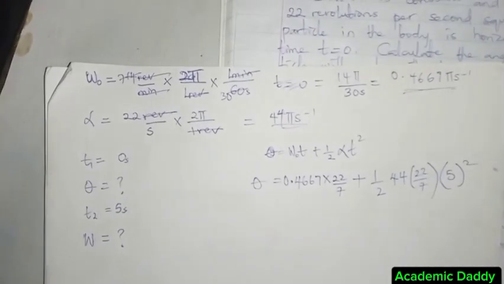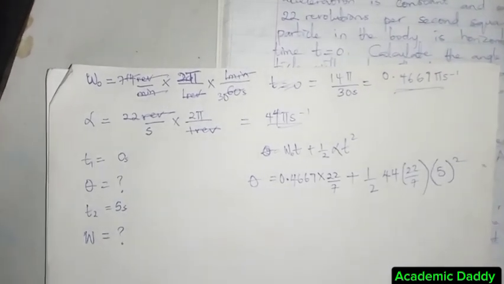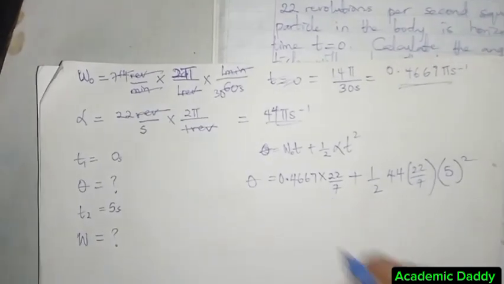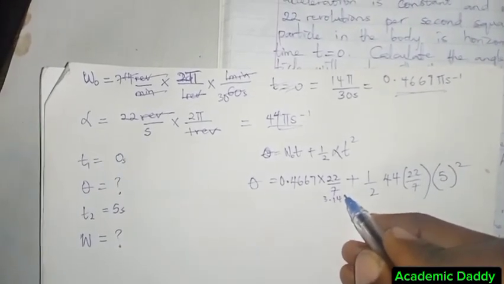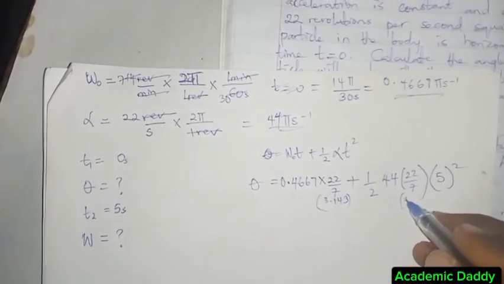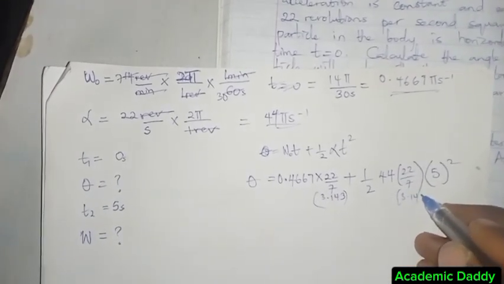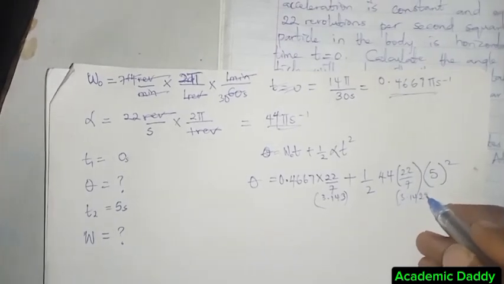So let's punch this now. First of all, let me do 22 divided by 7. 0.143, 3.1429.